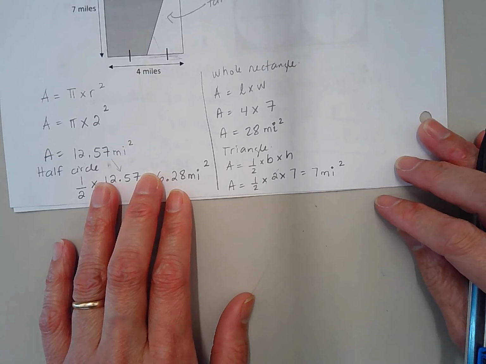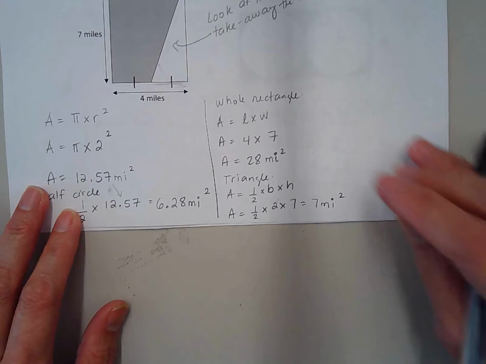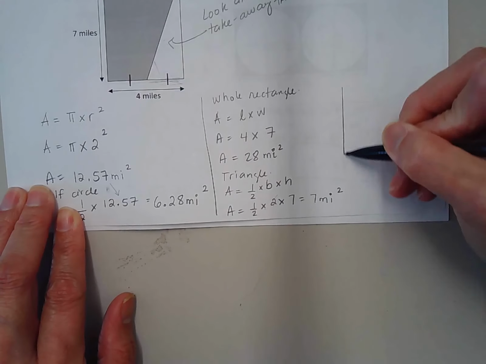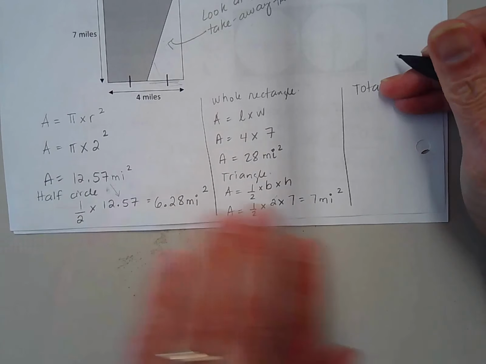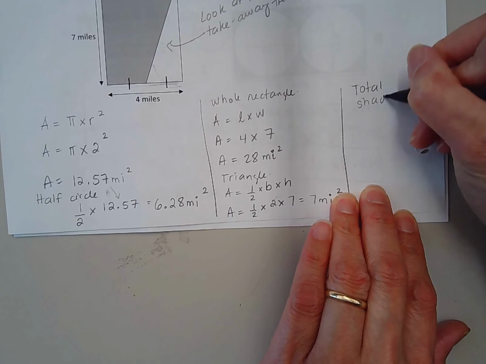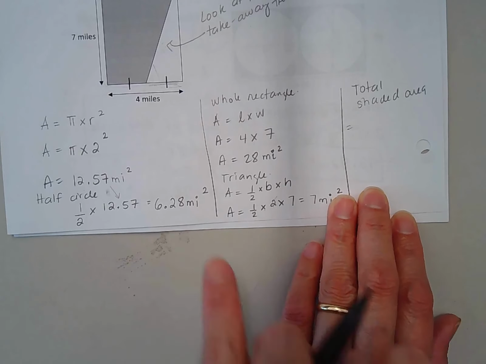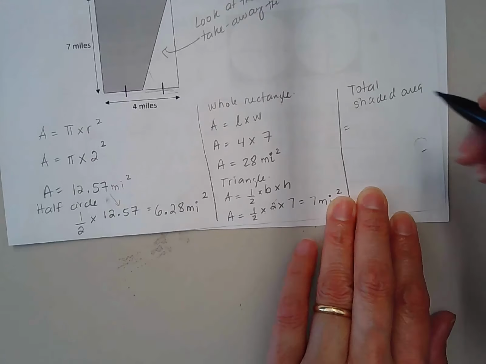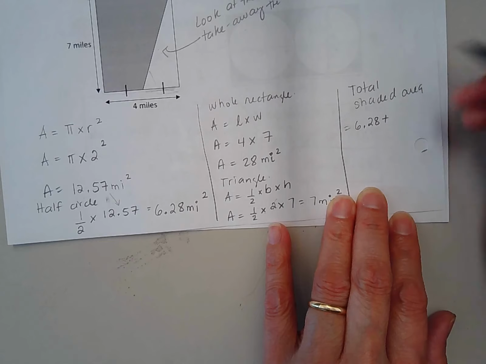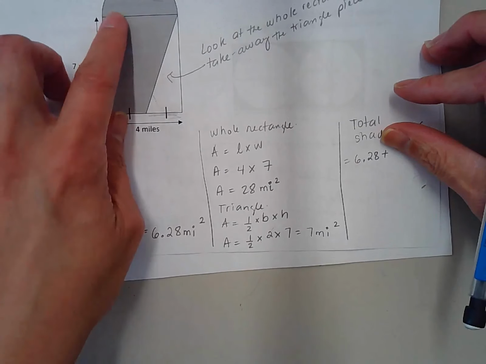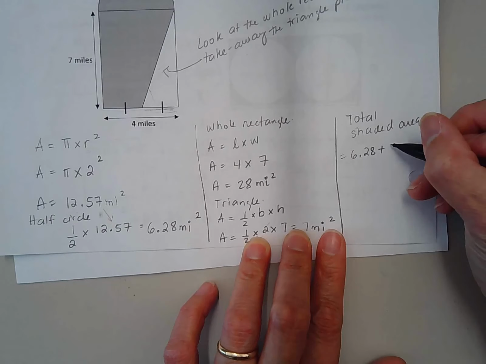Okay, so what are we trying to figure out in here? Find the shaded area. So total shaded area. We want to count the half a circle, so 6.28. We're gonna count the rectangle piece in here, which is 28.